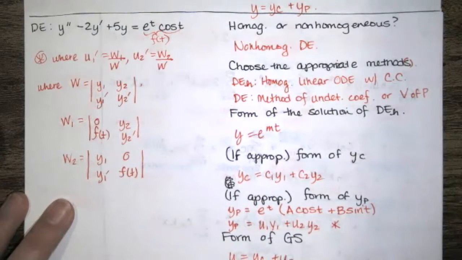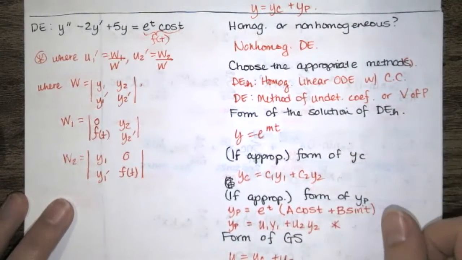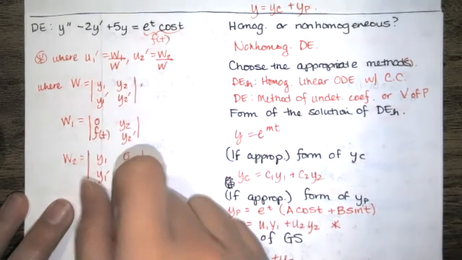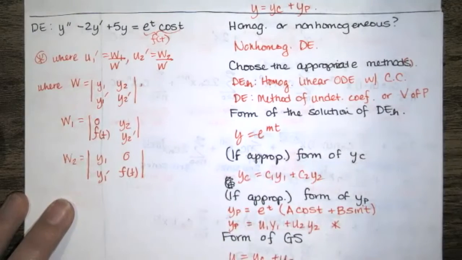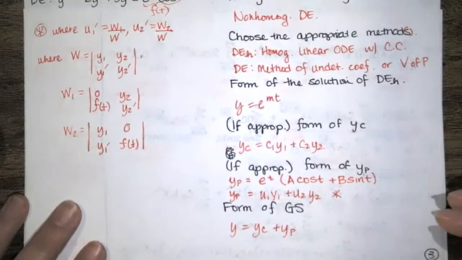But variation of parameters always works for finding y sub p. So you could use variation of parameters here. Since the differential equation is second order, y sub p would be u1 y1 plus u2 y2, where u1 and u2 satisfy these equations, and these are our W's. So either one of those is fine.